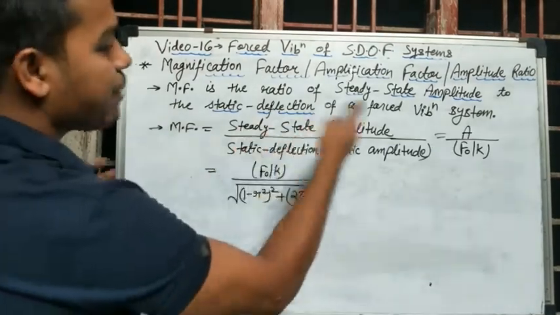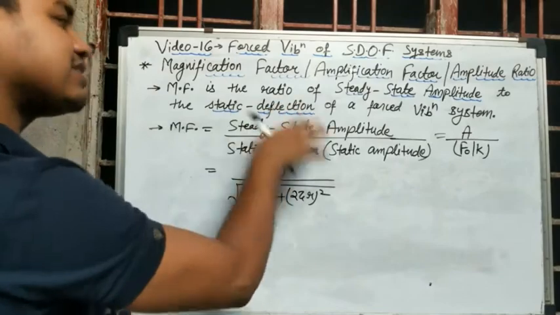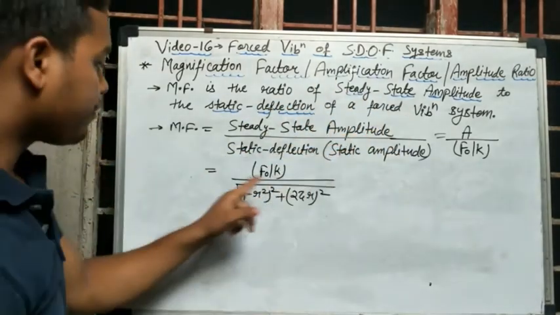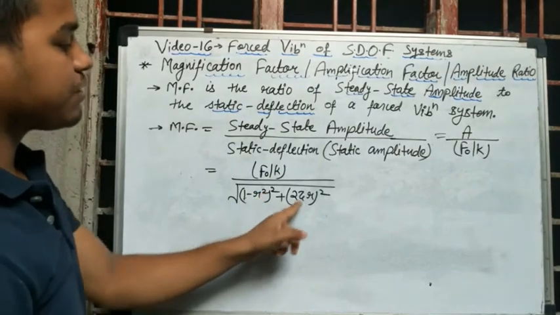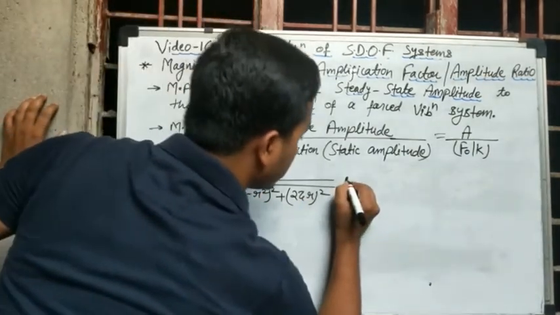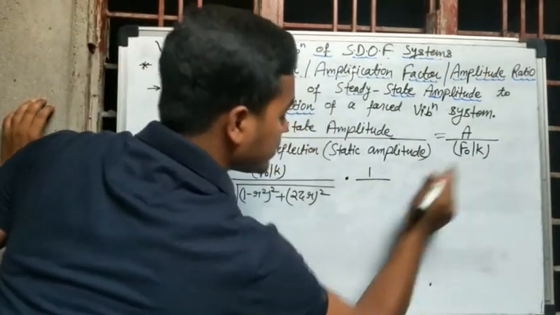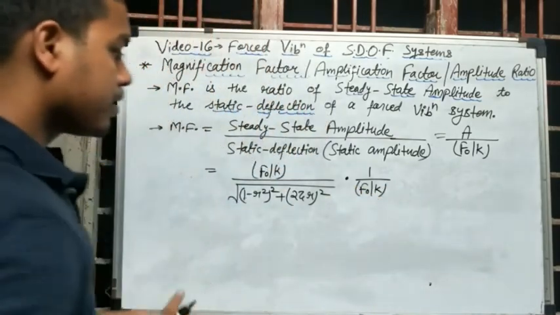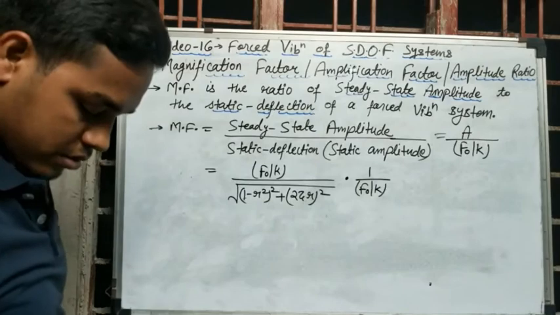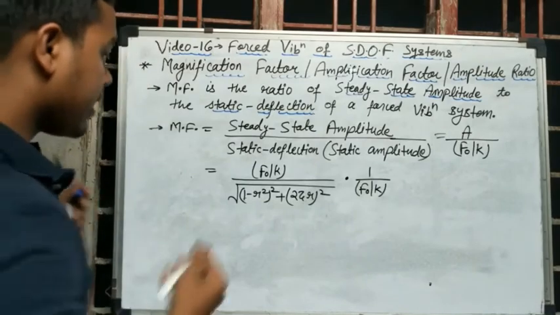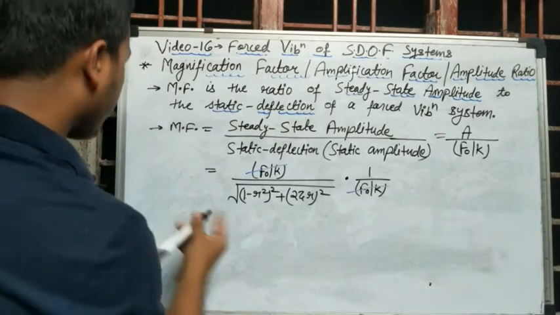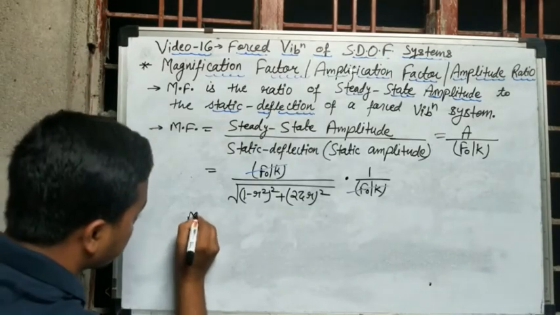Steady state amplitude or the amplitude of steady state response, both are the same thing, right? Now, into 1 by this F naught by K, the F naught by K cancels. So we got the formula for magnification factor.